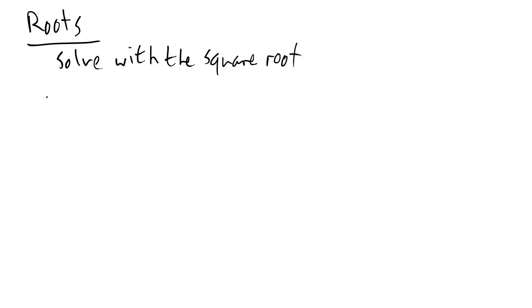Why are these called roots? Well, you solve with the square root. So we take a root to find our answers. How do we do this? Well, step 1, we're going to want to isolate x squared. We want to get everything away from x squared.